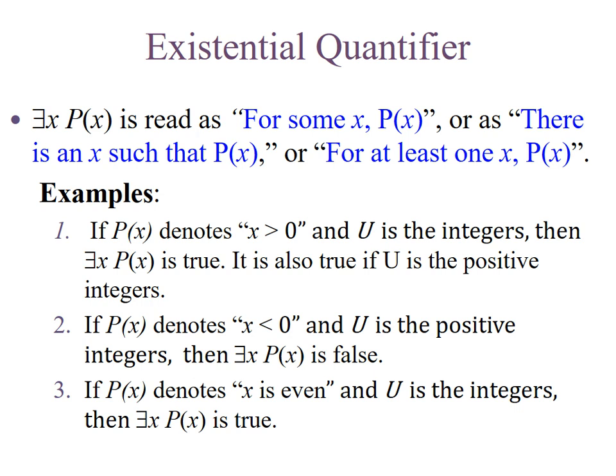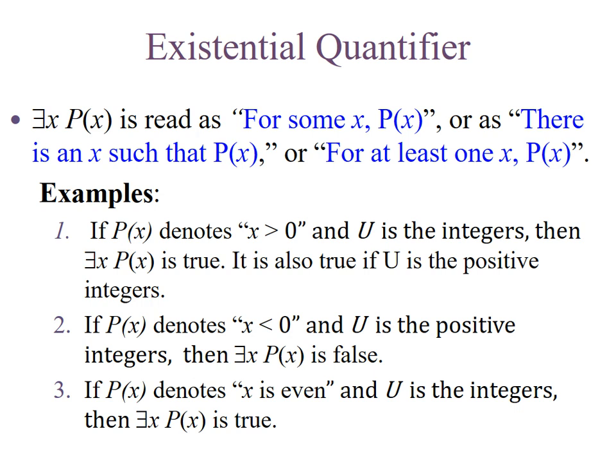Let's see this example. We use the same predicate, x larger than 0, and U is integers. Then for some x P of x is true, right? Because you have a lot of examples: 1, 2, 3, 4. If you can find only one example, that makes for some x true.